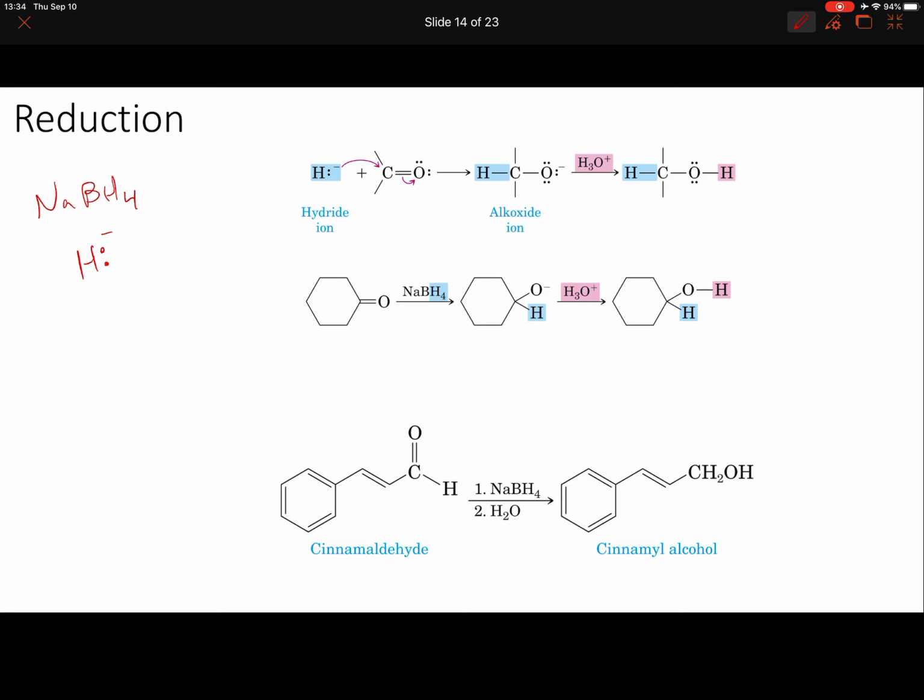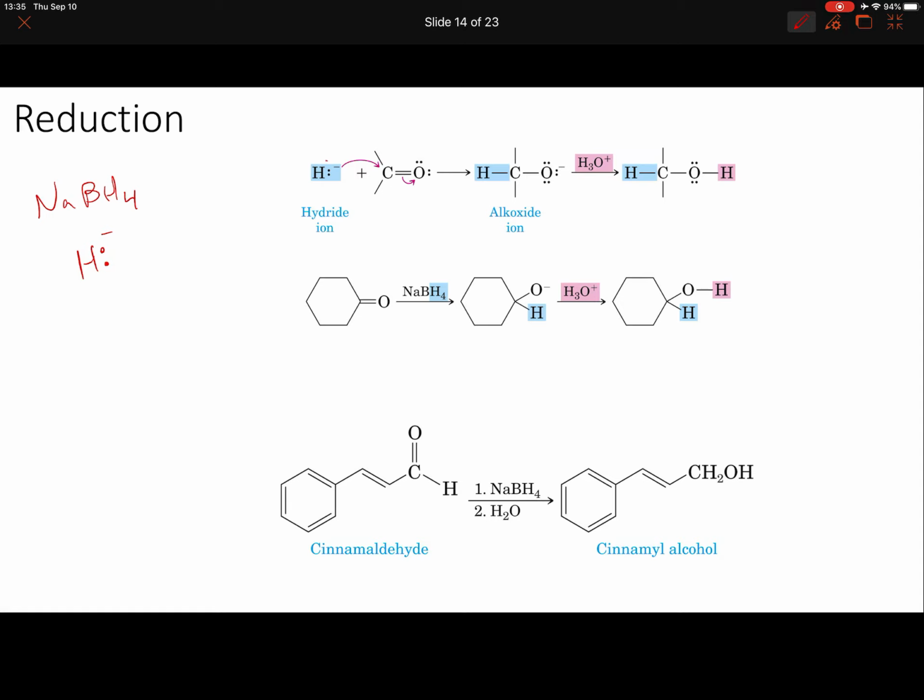So this one acts like an anion. It has 2 electrons and a negative charge. Now, in this hydride ion, the hydrogen has the 2 valence electrons, and in the reduction with sodium borohydride, the hydride ion adds to the partially positive carbonyl carbon, which leaves a negative charge on the carbonyl oxygen.